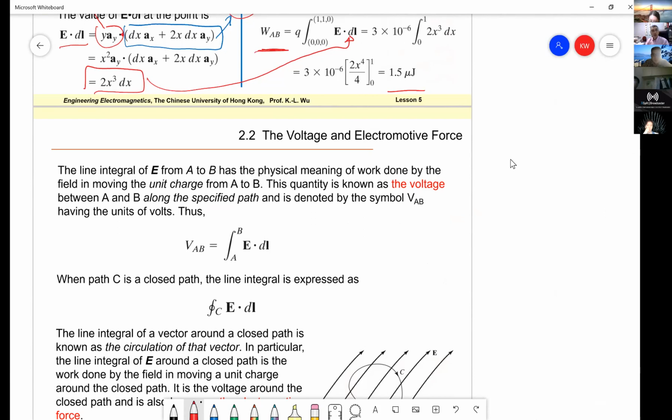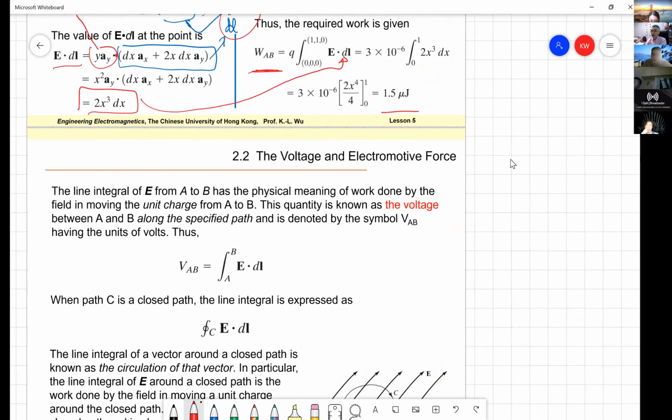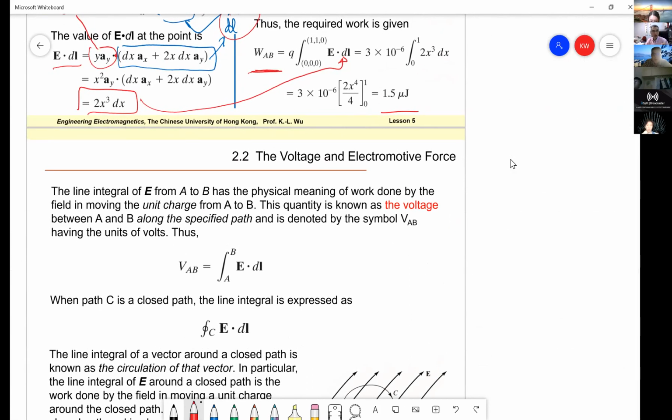Now, what is the physical meaning? If the charge we are moving is a unit charge, we define the work done by moving a unit charge from point A to point B as a voltage. The voltage is a very common variable in circuit theory.